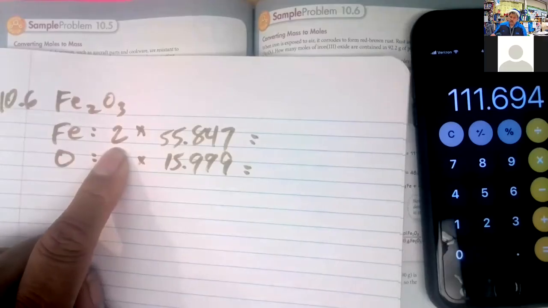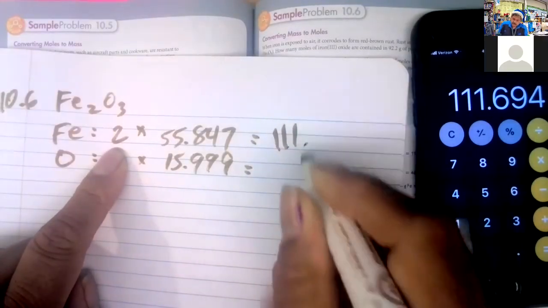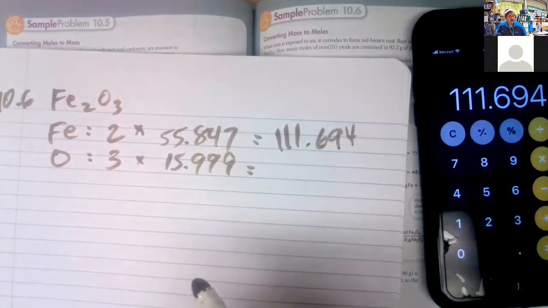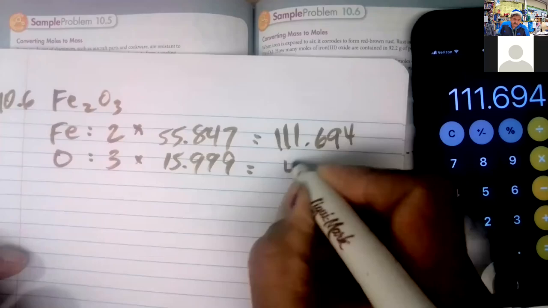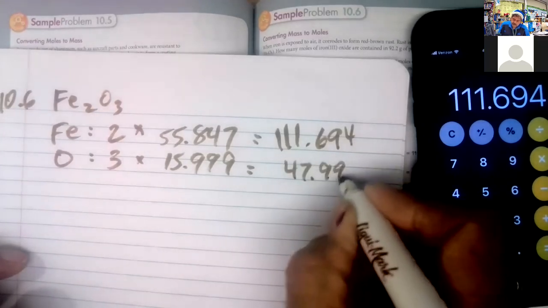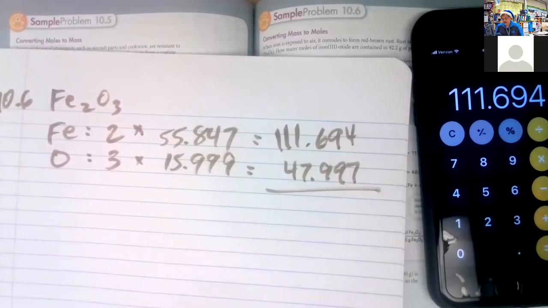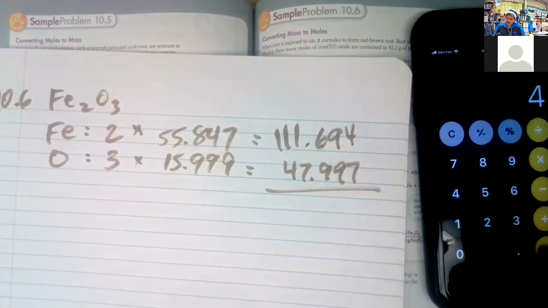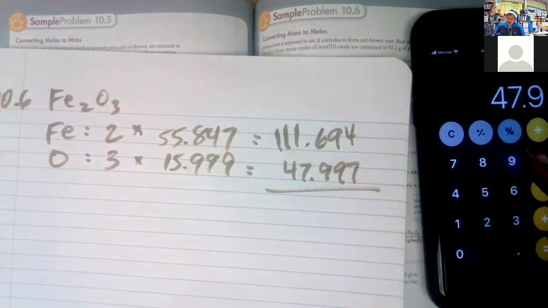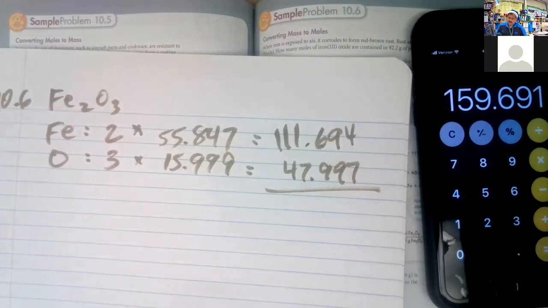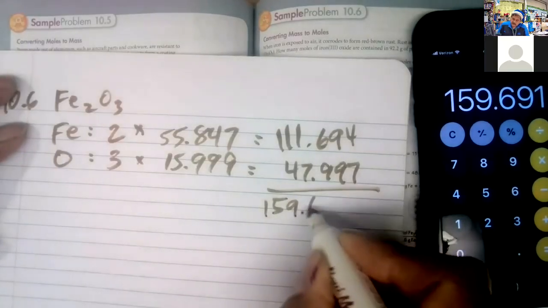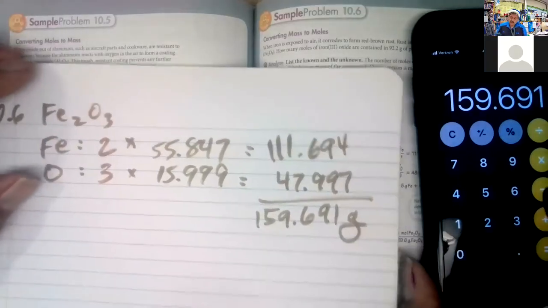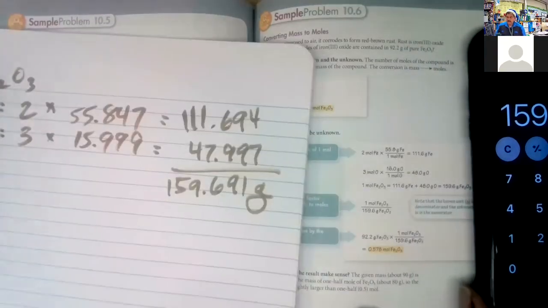So that's 111.694, and then 15.999 we saw previously was 47.997, or you could do that one in your head, but add that right here, 47.997, and that equals 159.691 grams. So that is the molar mass of iron oxide.